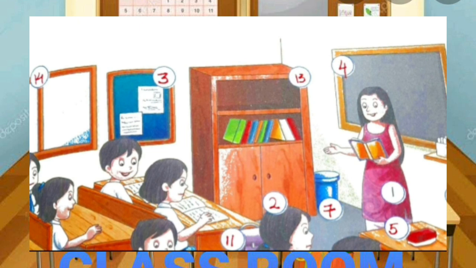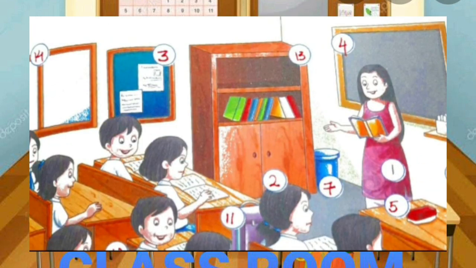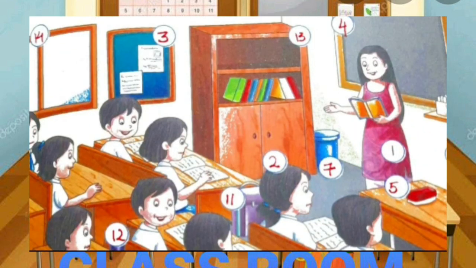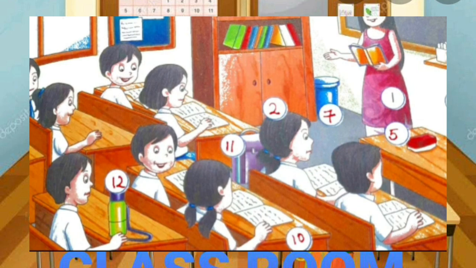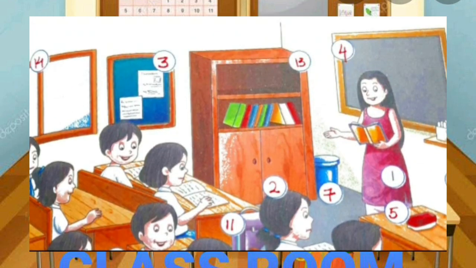So these are the objects that are present in a classroom. Once again I tell you what are the different objects in the classroom. In a classroom there is a teacher, students sitting on a desk, there is a teacher table and a chair, there is a blackboard for writing, below there is a chalk, duster, sometimes on a stand and sometimes on a table.